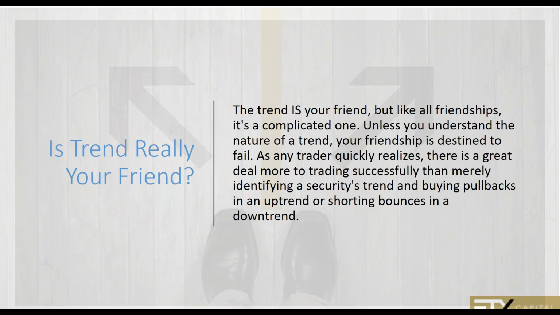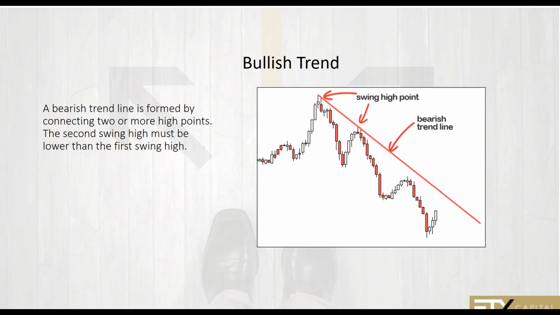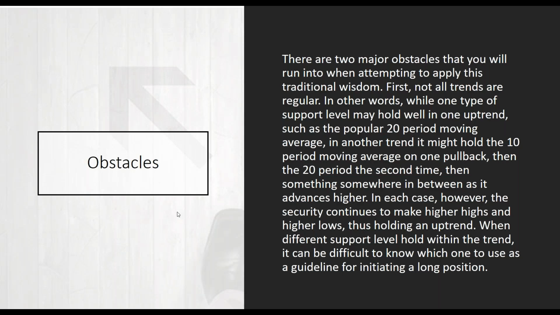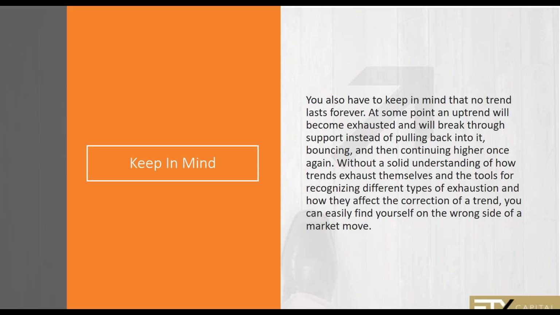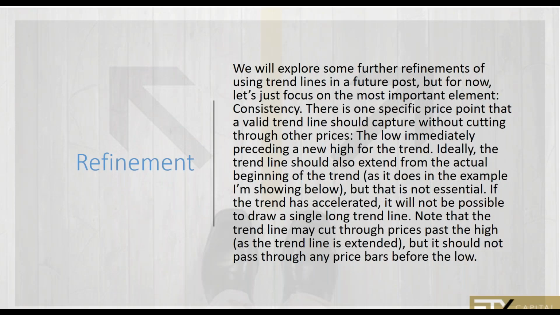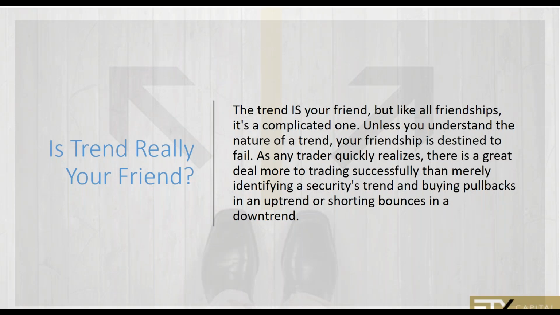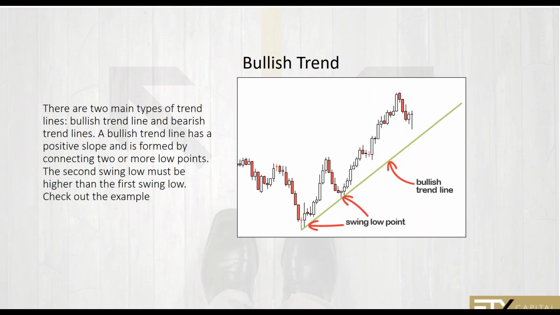So here's where we saw how to build a bullish trend line. Okay, here's where we started with the bullish trend line. So we were able to draw this trend line on the chart with only two connecting swing lows.